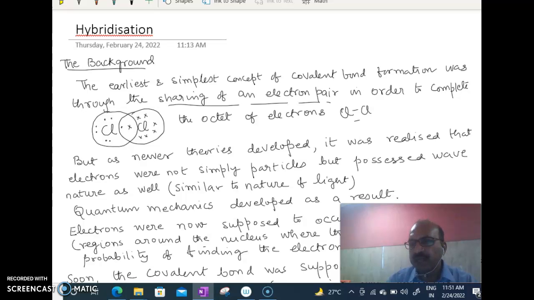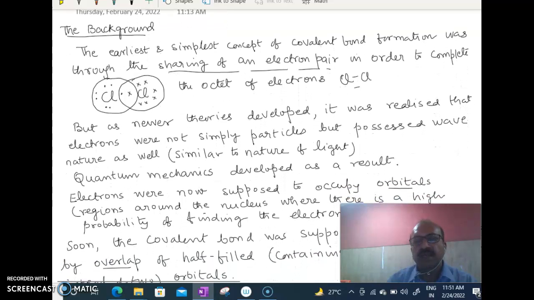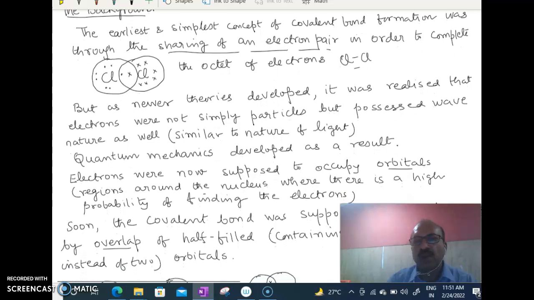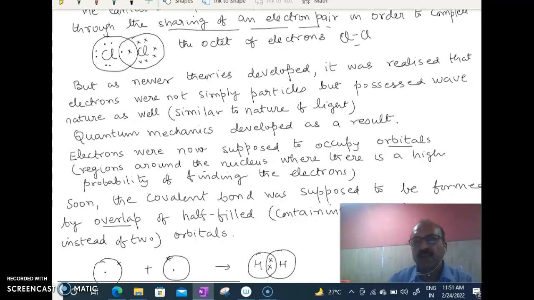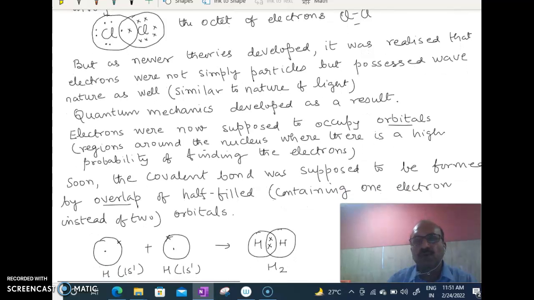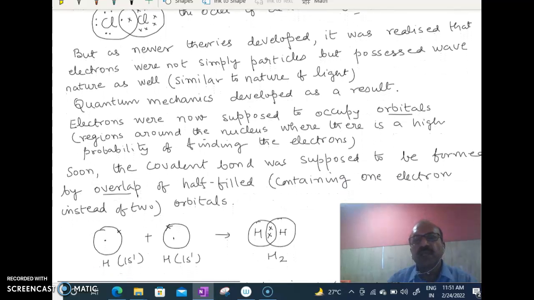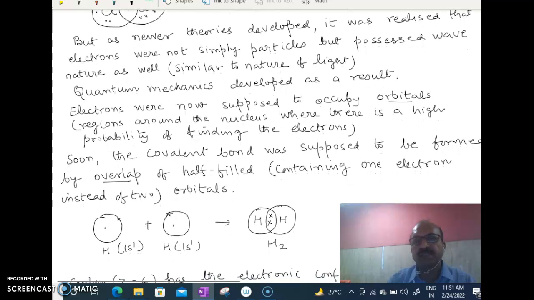But quantum mechanics is very difficult to grasp for common students because it is highly mathematical in nature, and to understand quantum mechanics properly you need a solid background in maths, which at this level most students don't possess. So we will not go into the details of quantum mechanics, but we will only deal with the results that come out of quantum mechanics.